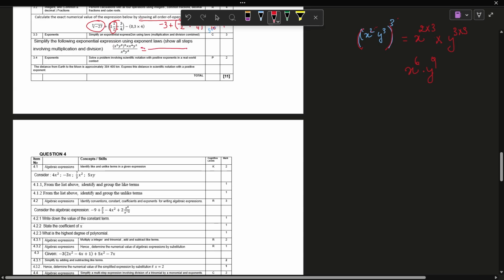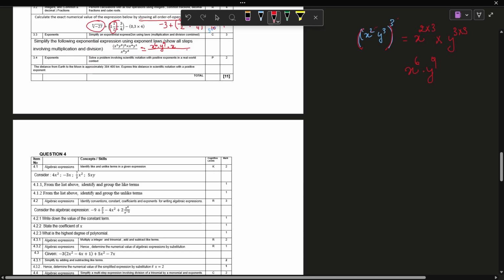So let me write my fraction bar. I'm going to have x exponent. So I can do the multiplication already. So 2 times 3 is 6 times y exponent. 3 times 3 is 9 times. So let me just, this must be clear. This is 9. Okay, let me just write 9.